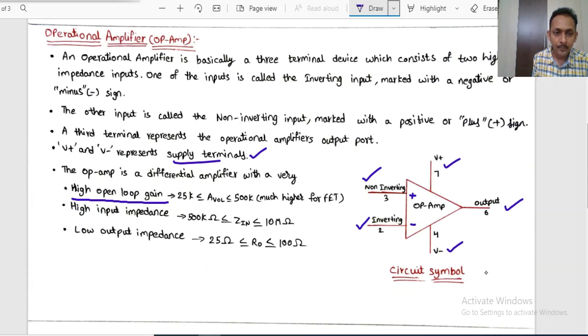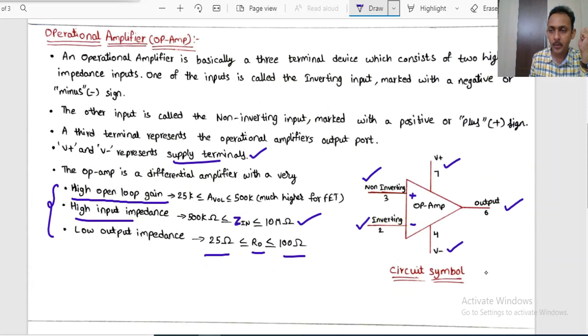It is also going to have high input impedance, in the order of greater than or equal to 500 kilo ohms and less than 10 mega ohms, and very low output impedance. R0, the output impedance, will be greater than or equal to 25 ohms and less than 100 ohms. So these 3 points are very important with respect to the operational amplifier and this circuit symbol.